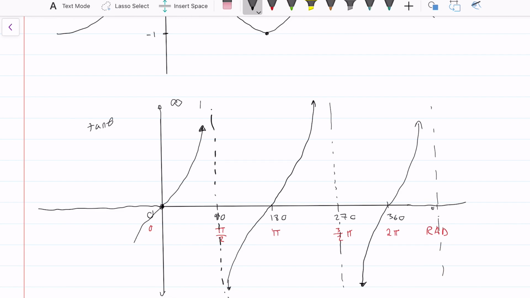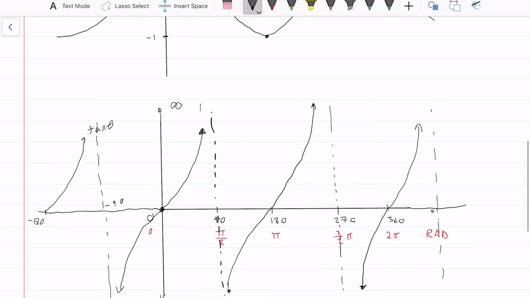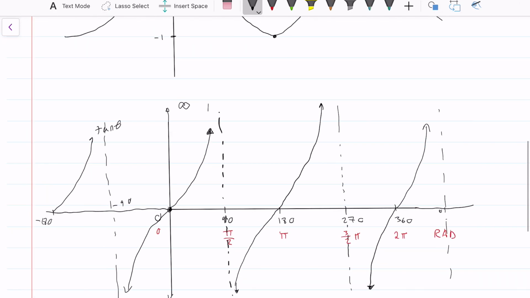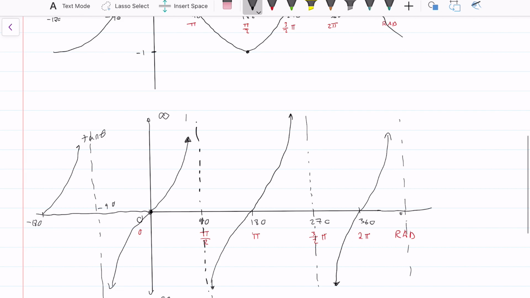Okay, so at minus 90, we have another asymptote, and minus 180. So the graph goes on forever and ever. So it's quite important that you guys know what the graphs look like and that you're able to draw it. It'll just help when you're doing some of the work.